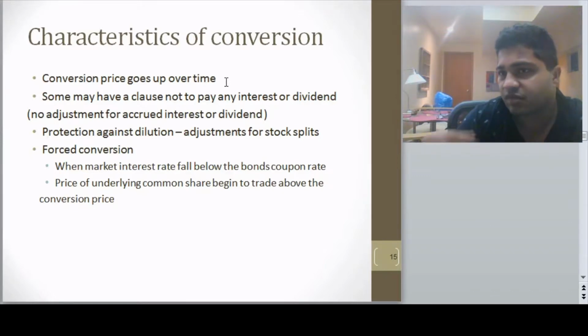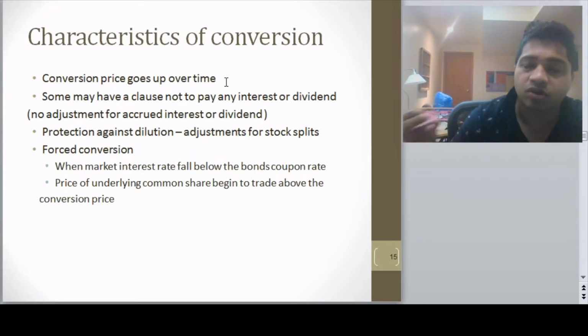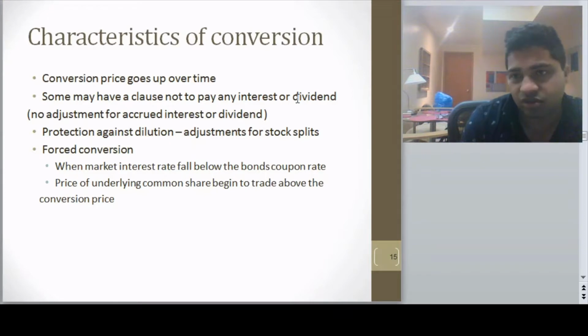After 10 years you may effectively pay $25. So the price is going up. Why? Because the company wants to incentivize you to convert early. So they want a lesser price initially than at a later date. Some may have a clause not to pay any interest or dividend, so there is no accrued interest or dividends in conversion.